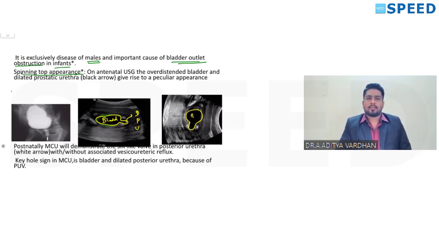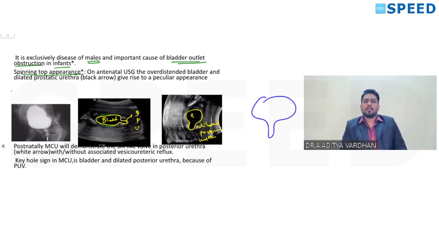So this is the bladder, dilated posterior urethra. It will be appearing like a spinning top, like this. With this, we can have a suspicion as well as identify dilated prostatic urethra, which is the most important reason for posterior urethral valve. Okay, remember spinning top appearance, posterior urethral valve.